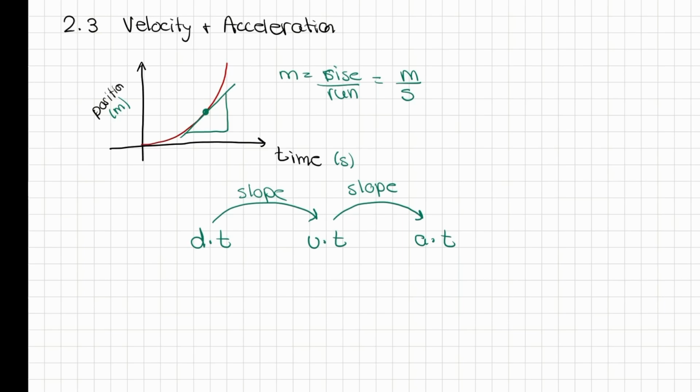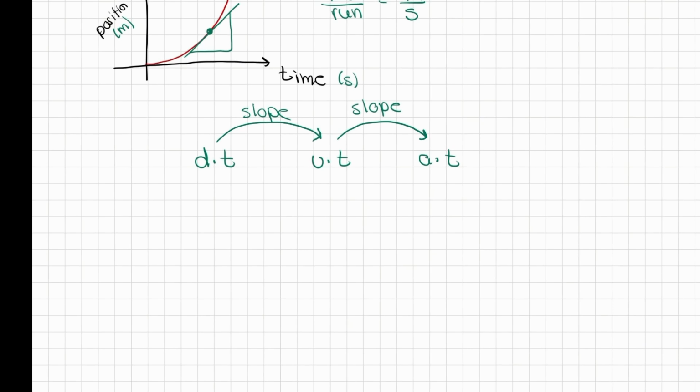Now, most of the motion you would have analyzed in physics used a graph that would have been uniform, meaning that the DT graph would usually be a straight line or a composite shape made up of other straight lines. So you might be used to seeing something that maybe looks a bit more like this.